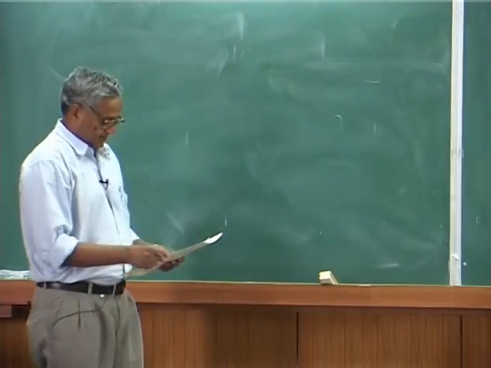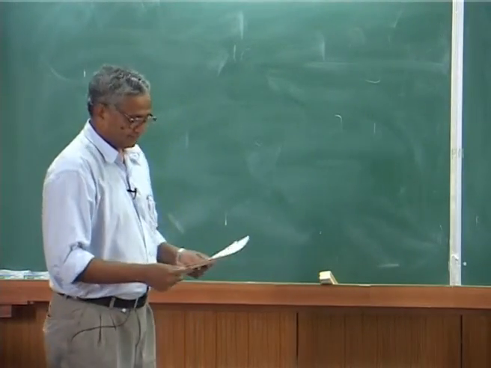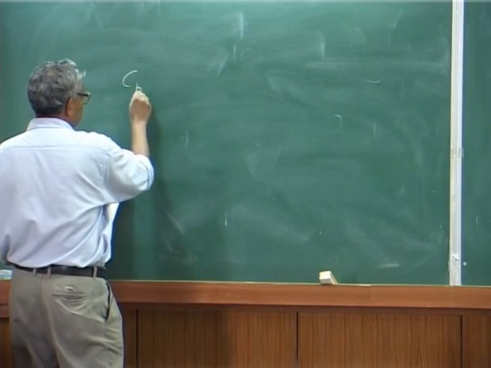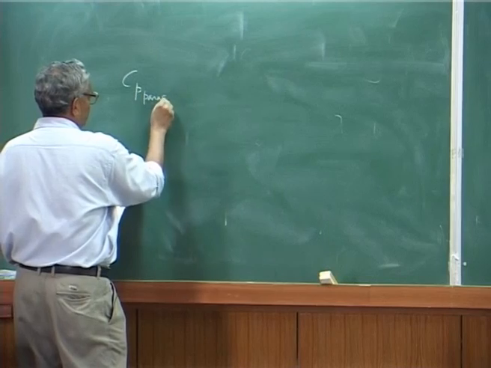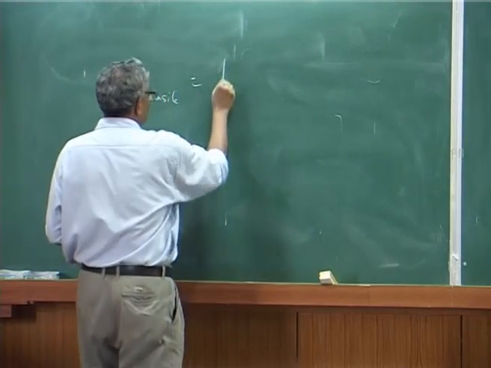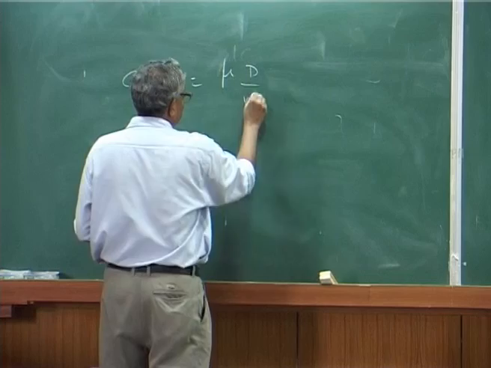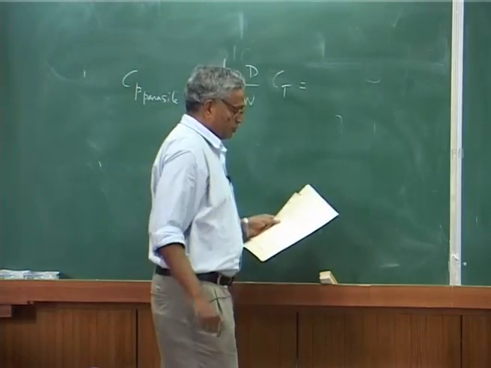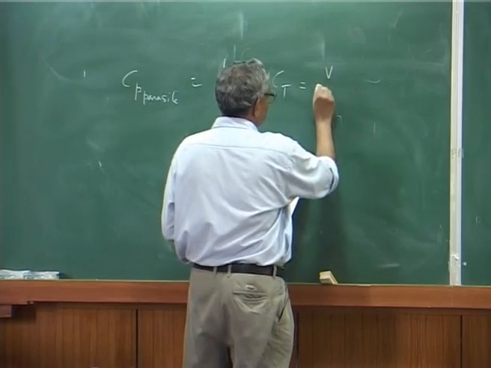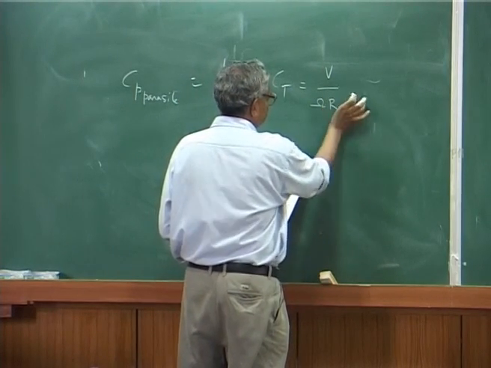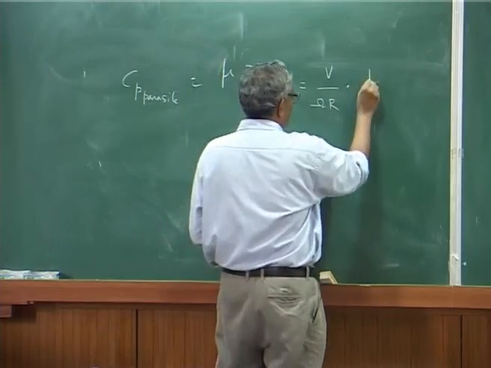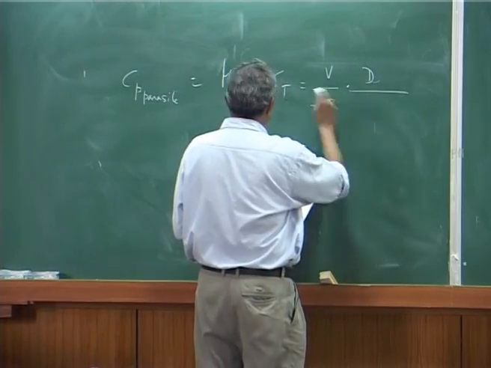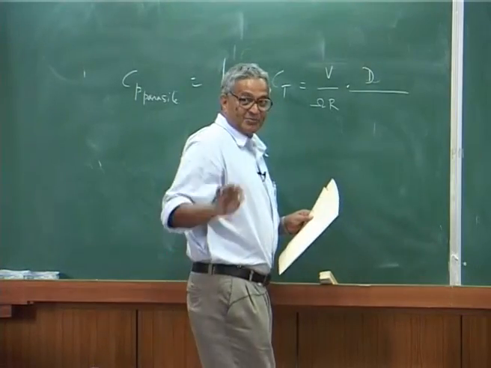See, how do you write the fuselage drag? Fuselage drag, you are writing Cp parasite as mu d over W Ct, okay. Mu, you take it approximately V over omega r. Drag force is drag force divided by W, and thrust, they are approximately equal.